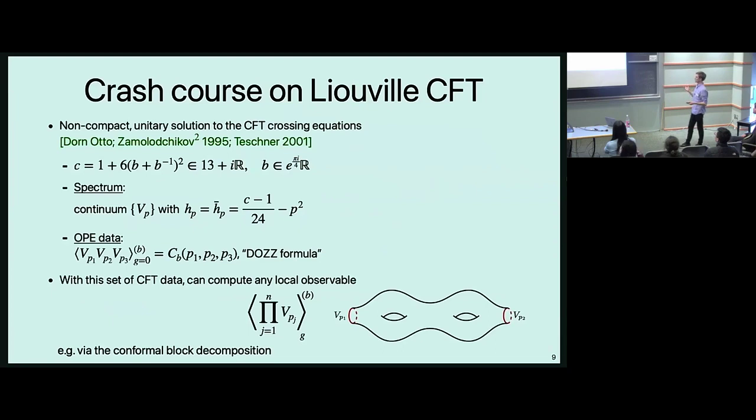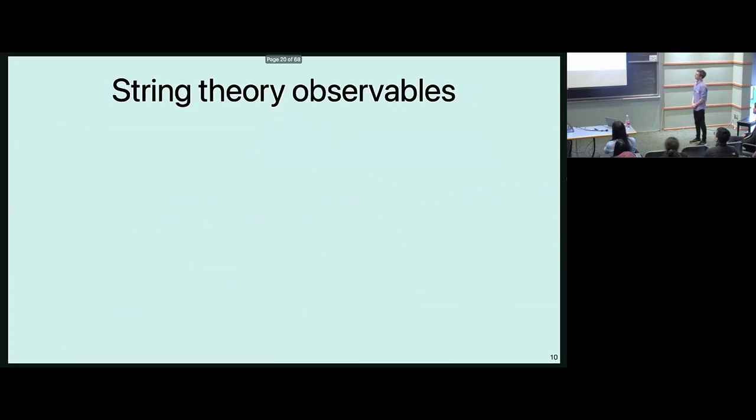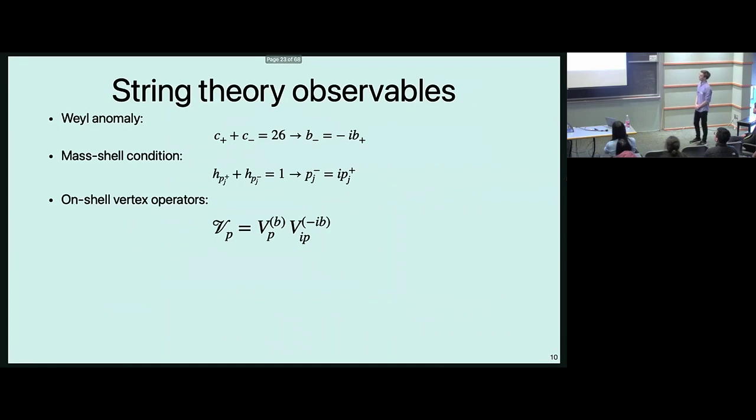So as before, we know all the CFT data of the theory, and we can compute any local observable we wish from the conformal block expansion using these DOZZ formulas. And as this morning, we create on-shell vertex operators by pairing primaries in the two Liouville CFTs with P minus equals iP plus and b minus equals minus i b plus. And from now on, I'm going to omit the plus and minus labels on b and P because they'll always be paired in this way.